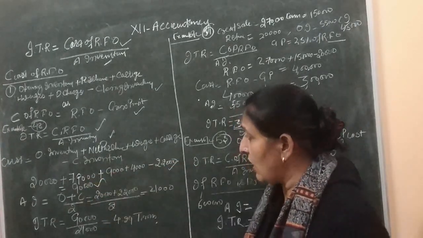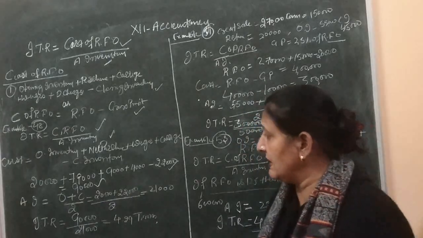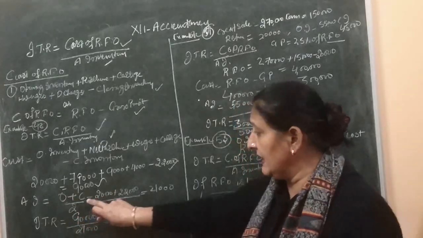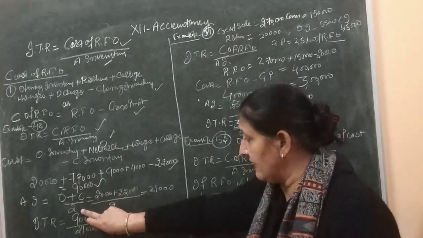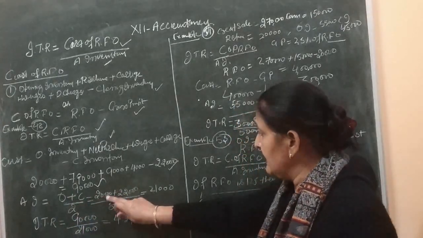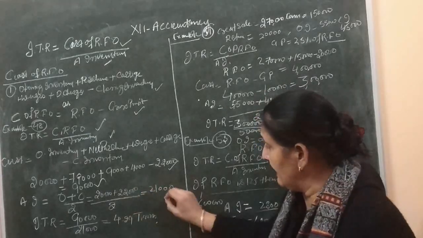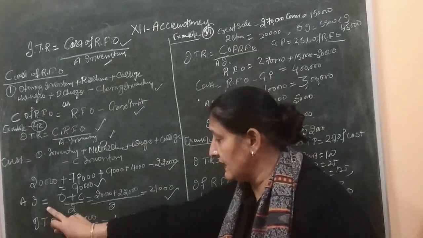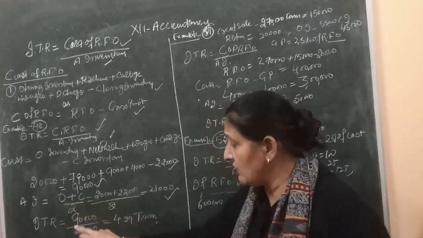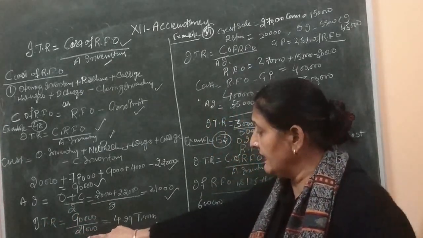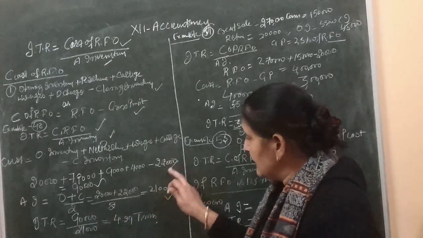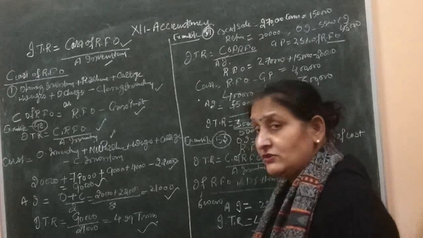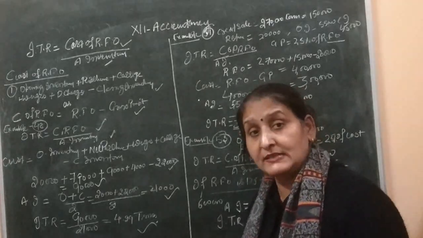So the cost of revenue from operation is 90,000. Then the average inventory, opening plus closing divided by 2, is 20,000 plus 22,000 divided by 2, 21,000. The inventory turnover ratio is 90,000 divided by 21,000, which is 4.29 times.